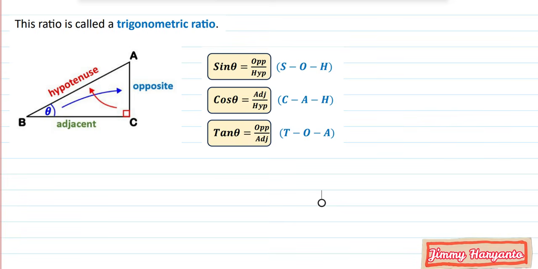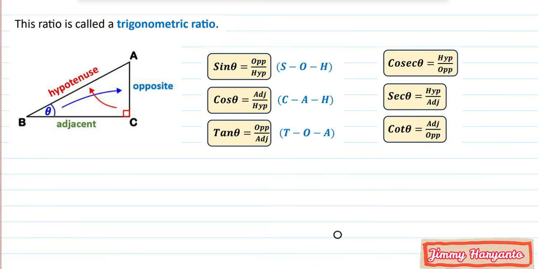That means sine is the ratio of the opposite side and hypotenuse side. Cos is the ratio of the adjacent side over the hypotenuse side. And the tangent is the ratio of the opposite side and the adjacent side. So you can memorize it as SOH CAH TOA to make it easier to remember.